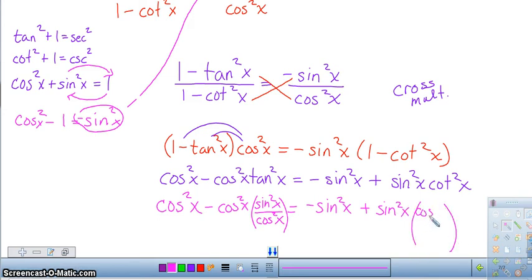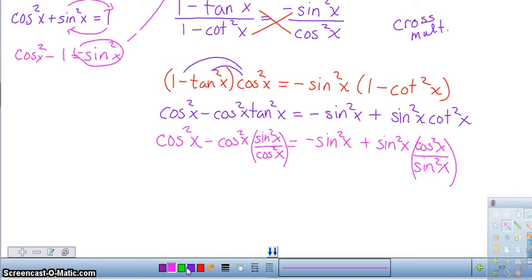Cotangent is cosine squared over sine squared. And I hope now that I wrote those like that, you're noticing once again that you're multiplying. So for example, on the left side, this cosine and this cosine cancel. And I end up with cosine squared minus sine squared.